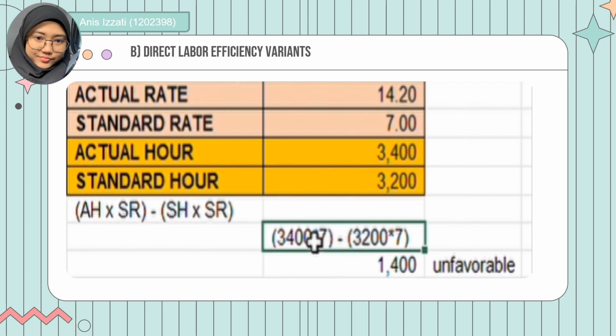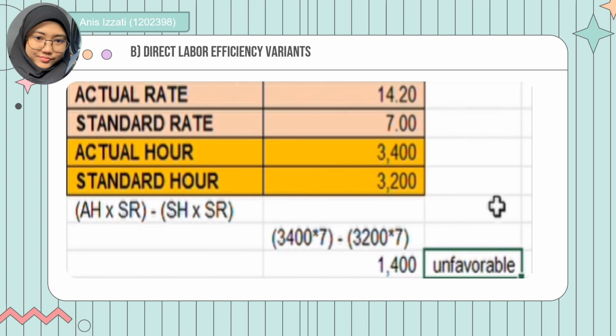Here the calculation 3,400, the actual hour times its standard rate, which is 7. Another one is 3,200 times 7, the standard hour times its standard rate. Minus both of it and we get 1,400. It becomes unfavorable. So here the standard hour is only 3,200, but it is exceeding the standard hour, which is 3,400.